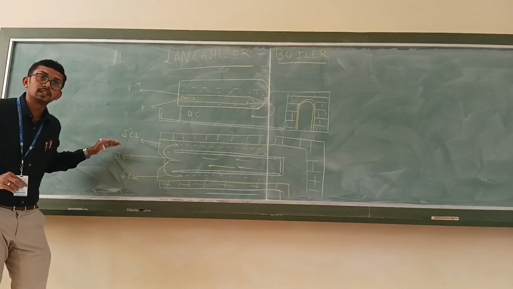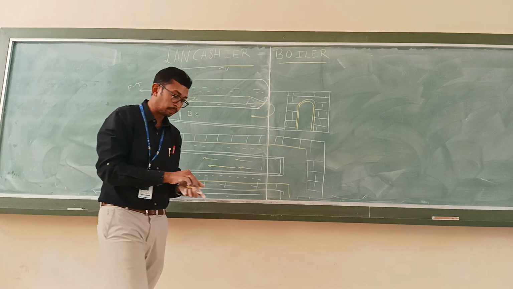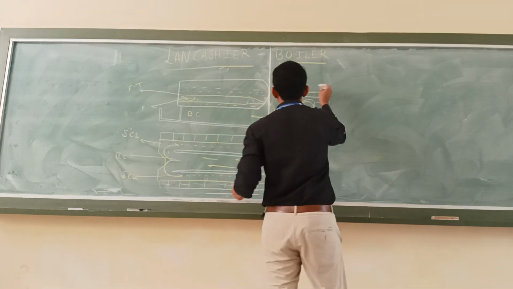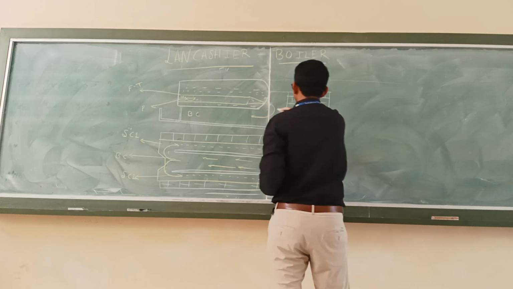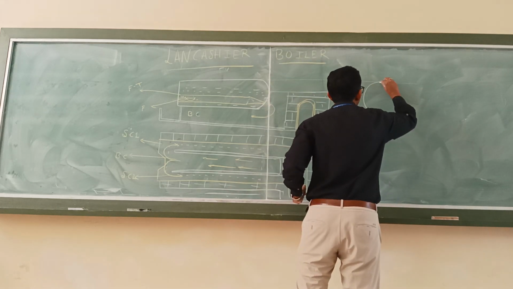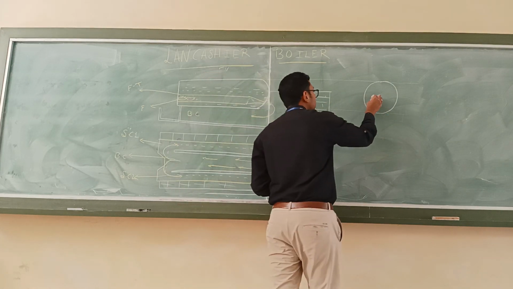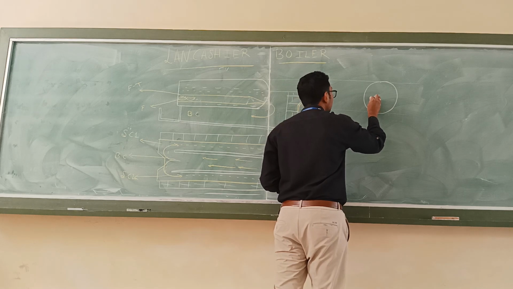So we can further see these side channels in the side view. So I am going to represent this in the side view. These are the reference lines. So this is a boiler drum, and it consists of how many flue tubes?